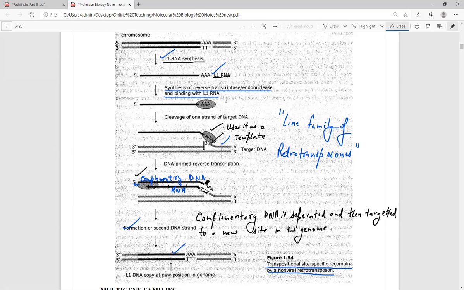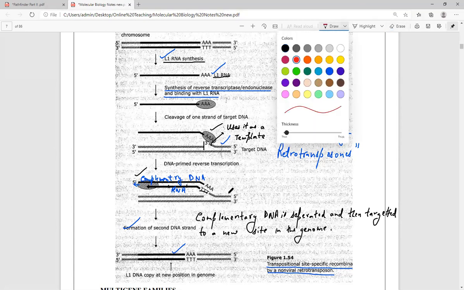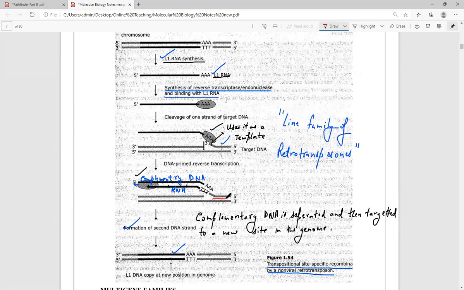I'm again labeling it out for your convenience. Please look here with a red color. This part of the DNA is going to get separated. The RNA will be cleaved. Okay, this is the DNA RNA hybrid. Now, formation of the second DNA molecule takes place.